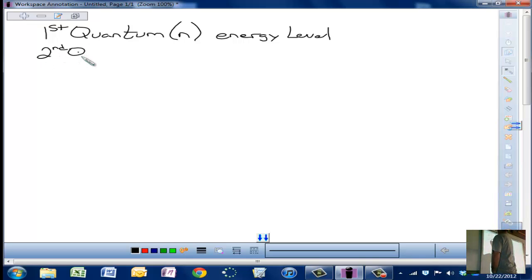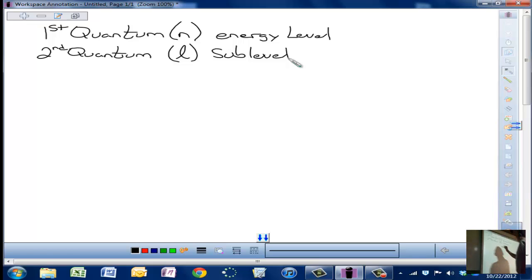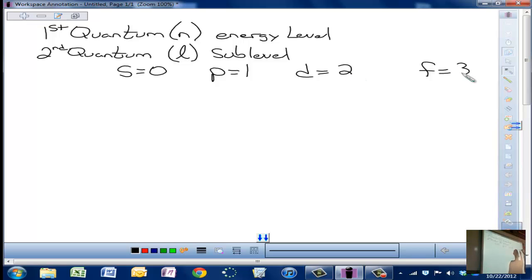The second quantum number was L, and L represented the sublevel that we were in. There were four sublevels that we identified: S, P, D, and F. And these values were 0, 1, a D was 2, and an F was 3.